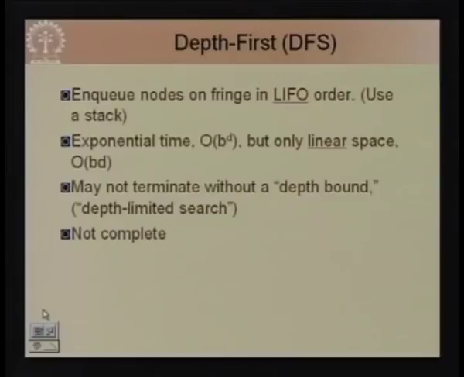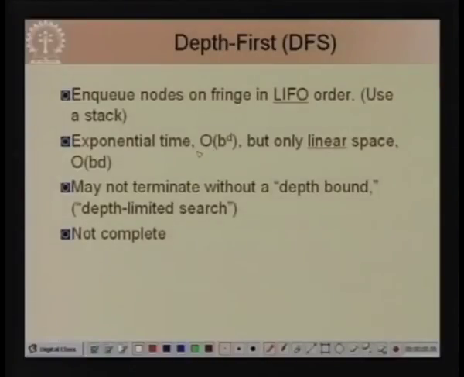So let us analyze the characteristics of depth first search. In depth first search, we enqueue the nodes on fringe in a last in first out order by using a stack. Depth first search also requires exponential time, order b to the power d, to explore the entire search space.